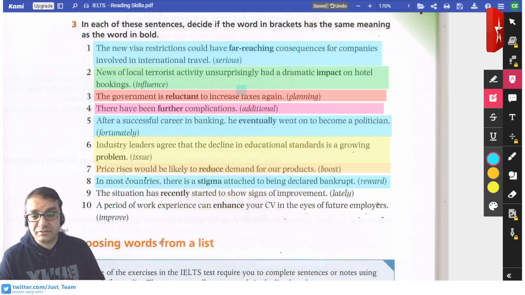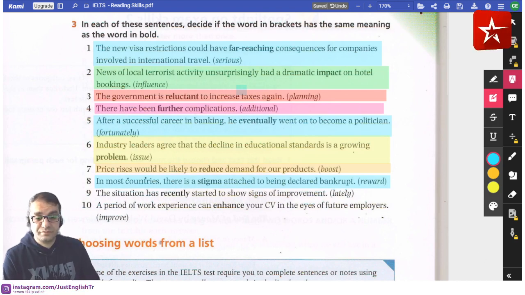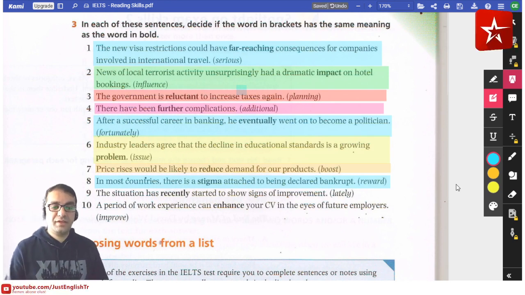Now, let's go for number eight. What do you think about number eight?